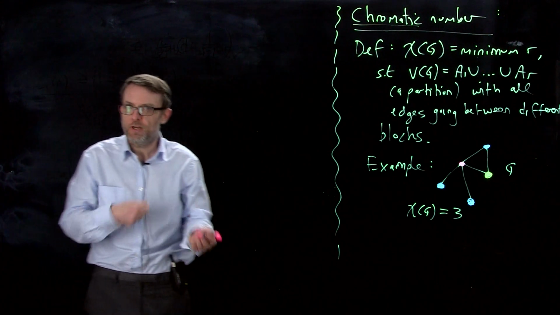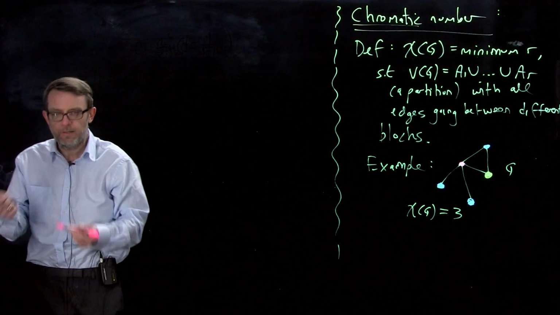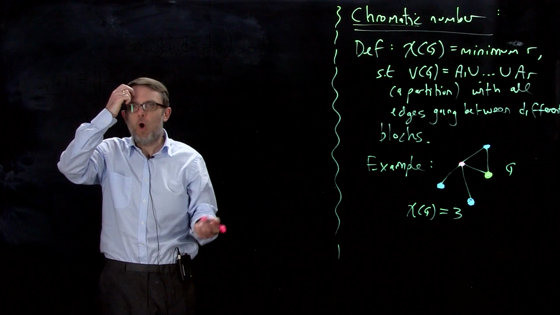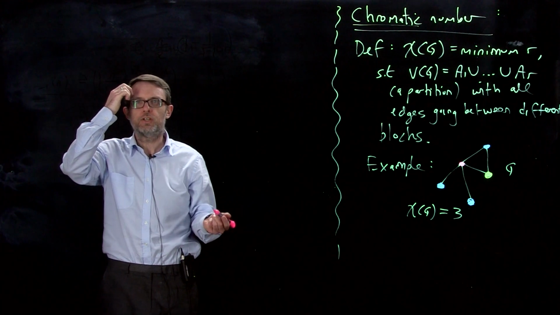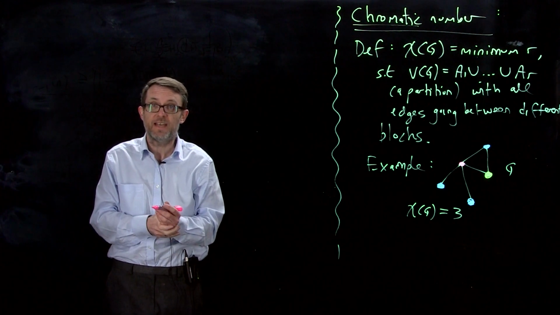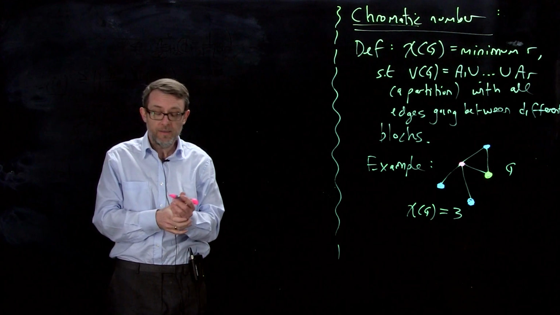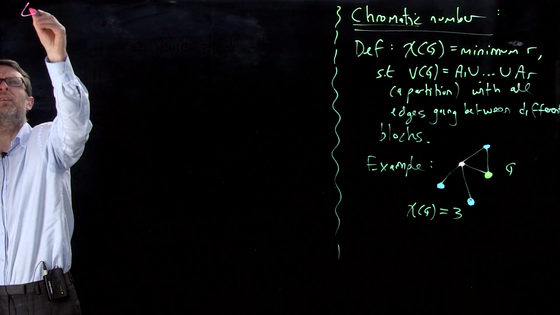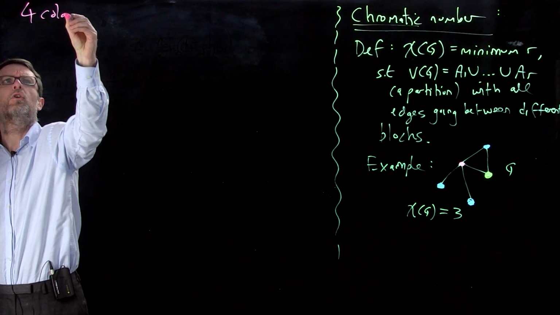And he looked at other maps, and he noticed that no matter what map it was that he played with, he could always get away with coloring the regions using only 4 colors in such a way that no two adjacent regions ended up getting the same color. And he made the now very famous 4-color conjecture.